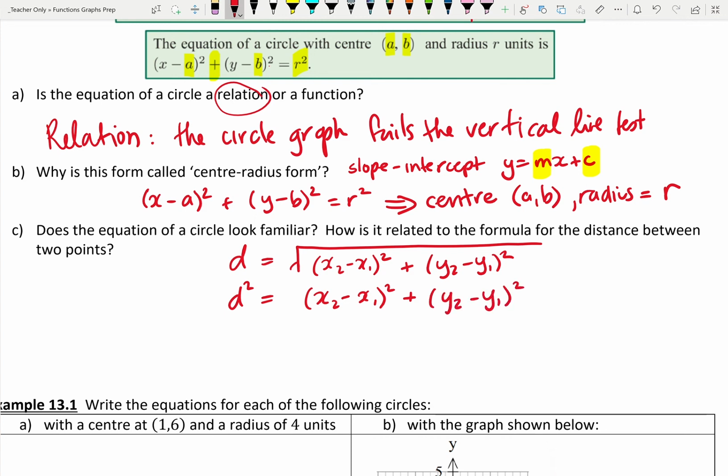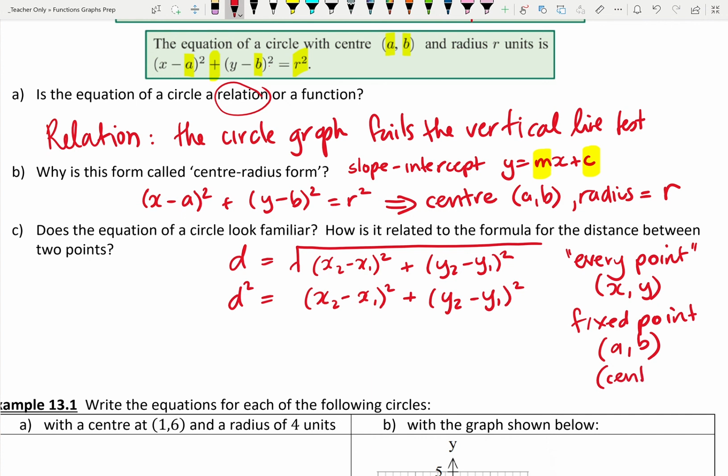Now, instead of having the distance between 2 points, we're going to have every point, which is represented as x, y, and then a fixed point, a, b, which is going to be our centre.